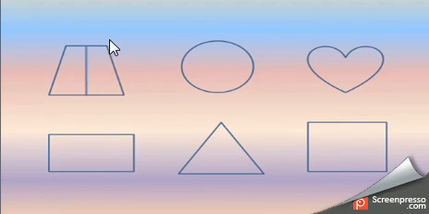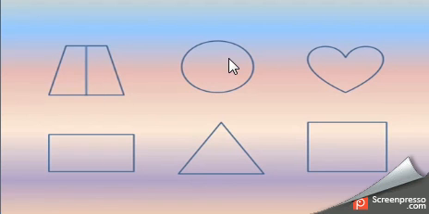The first shape, this is a trapezium, mister. When I want to divide it into congruent shapes, I will draw a vertical line. If I draw a horizontal line, will it be congruent? No, mister, because the upper part is not congruent to the lower part.